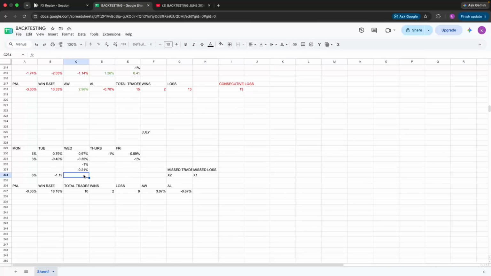Why is it giving me 0.59? Doing it wrong. Minus 1.97 minus 0.35 minus 0.21. That is more believable. Minus 2.53%. Minus 1% minus 0.59%.